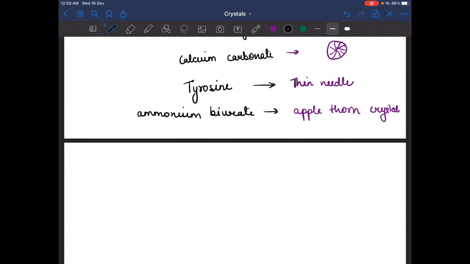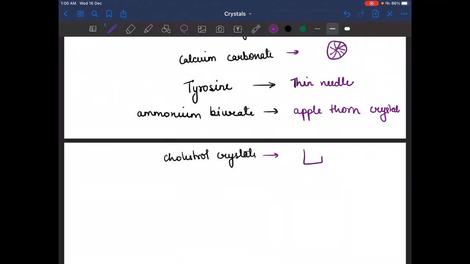And in cholesterol crystals, we see that one part is missing from them.